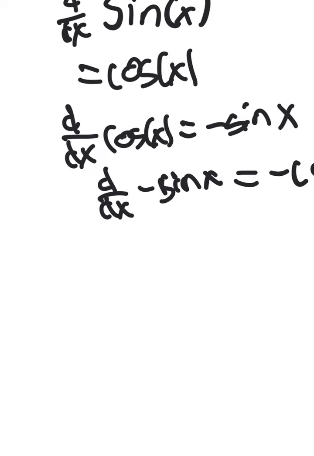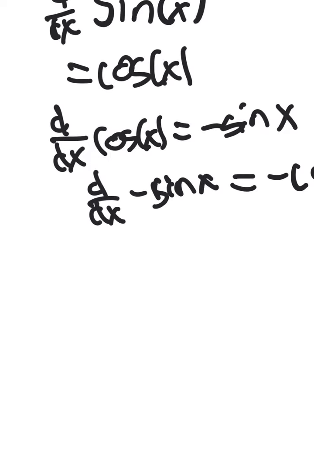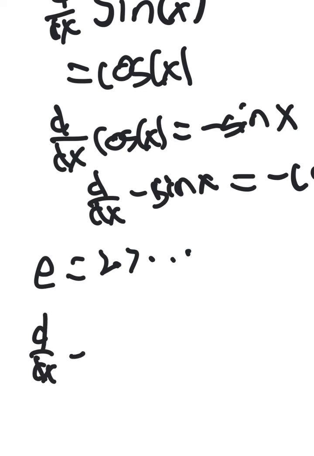Now another special derivative, which is a lot easier to memorize, is you remember that number e that equals like 2.7 something, right? Well, in calculus, it actually becomes important and you get to see where it comes from. So the property of that, what some consider the main property of e, is that the derivative of e to the x equals e to the x.